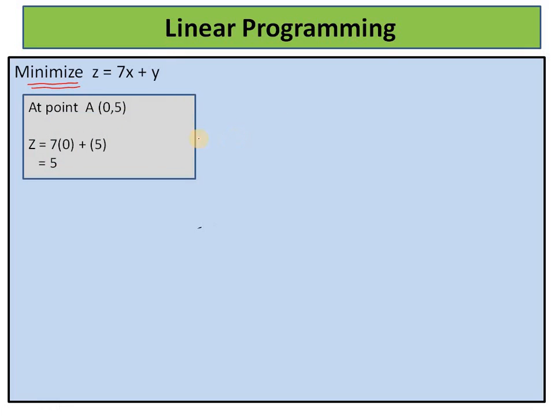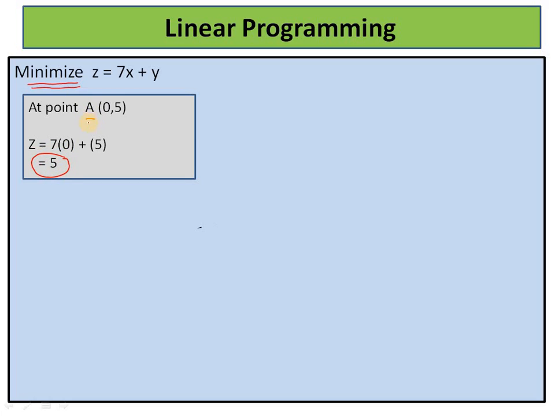चलो यहां हमने पॉइंट A लिया. x का कीमत है 0, y का कीमत है 5. So if I put in this objective function x equal to 0 and y equal to 5, I get z as 5.